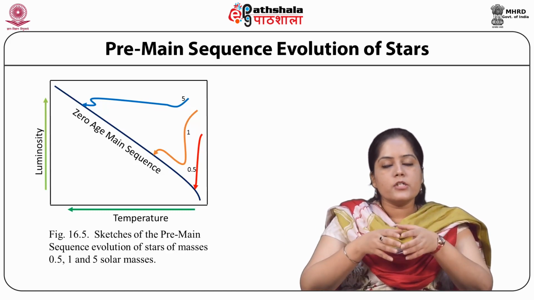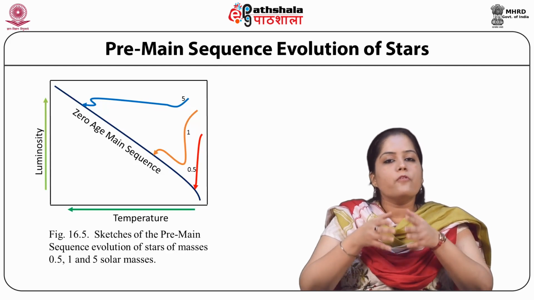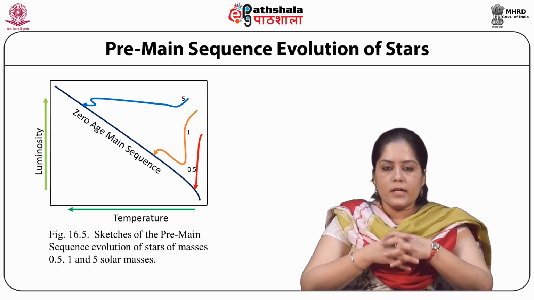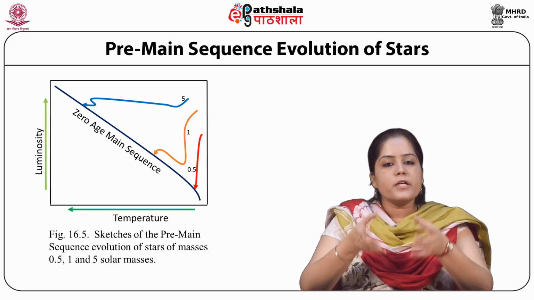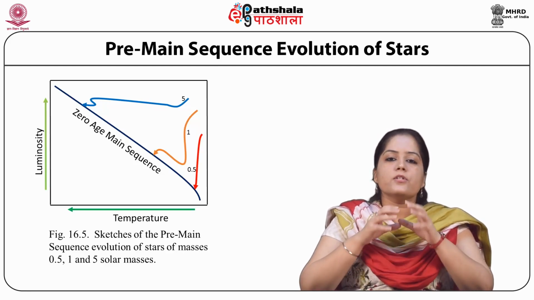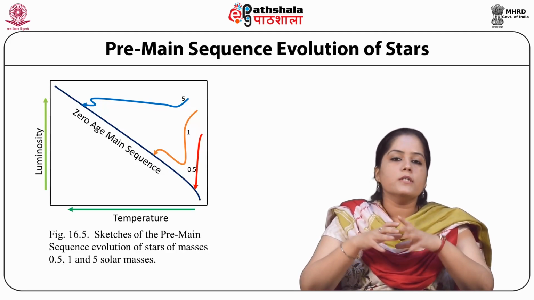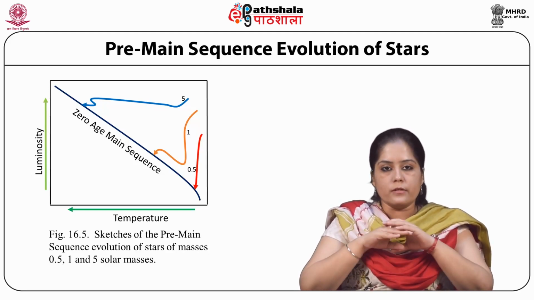When conditions within the protostar are right for nuclear energy generation, the pressure inside it builds up until it is high enough to halt further contraction.